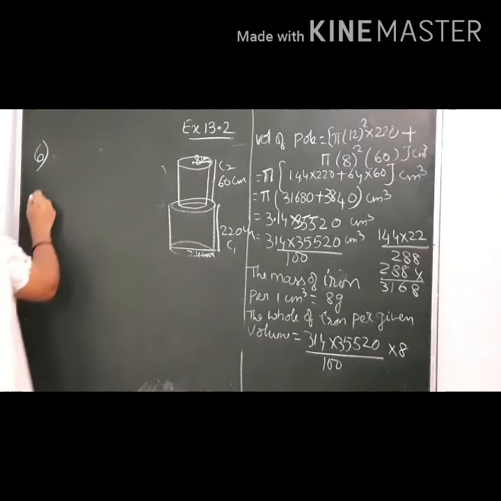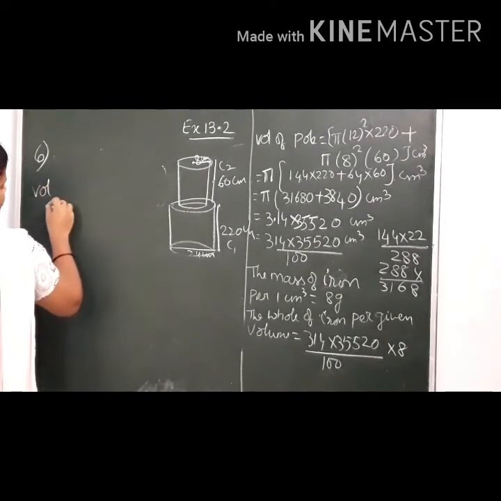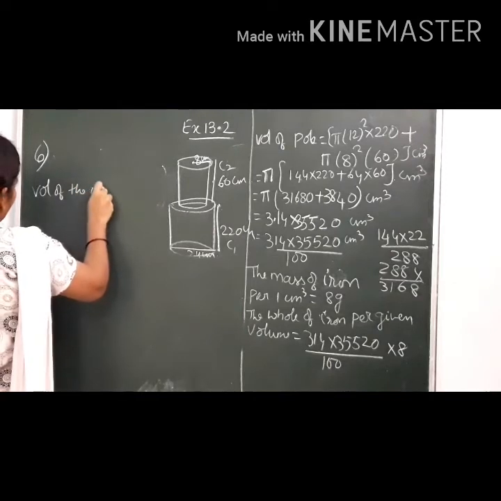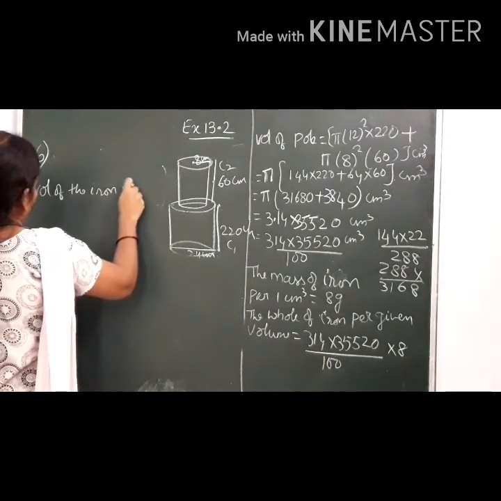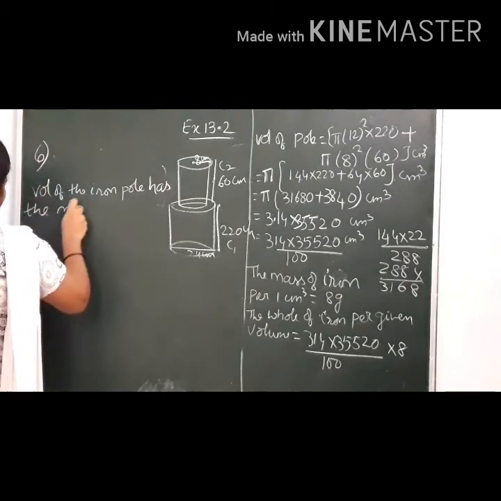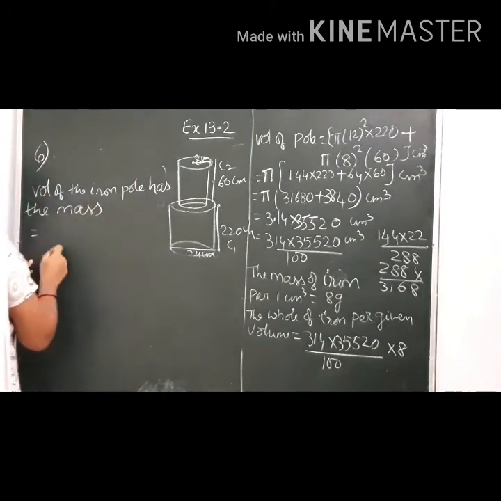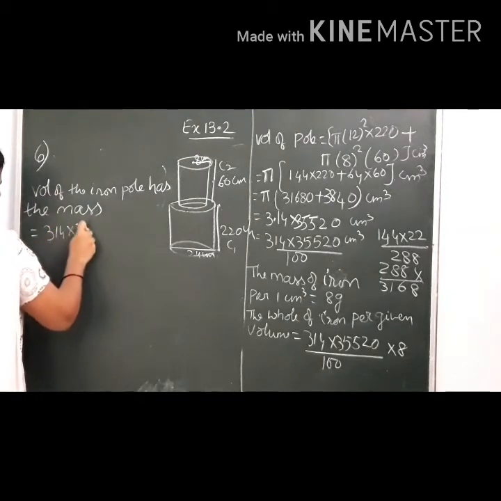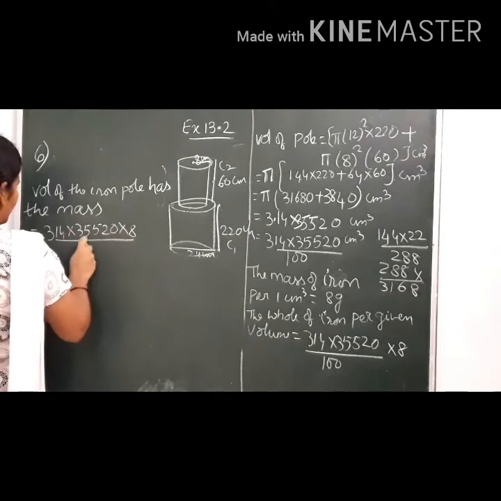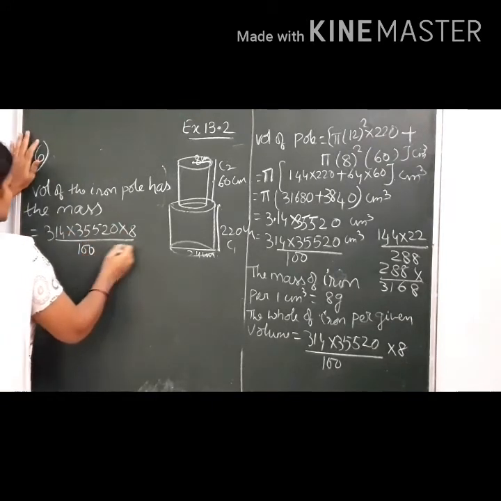So the volume of the entire iron pole requires this mass. The iron pole has a mass equal to 3.14, that is 314 into 35520 into 8 upon 100. Okay. This is in grams.